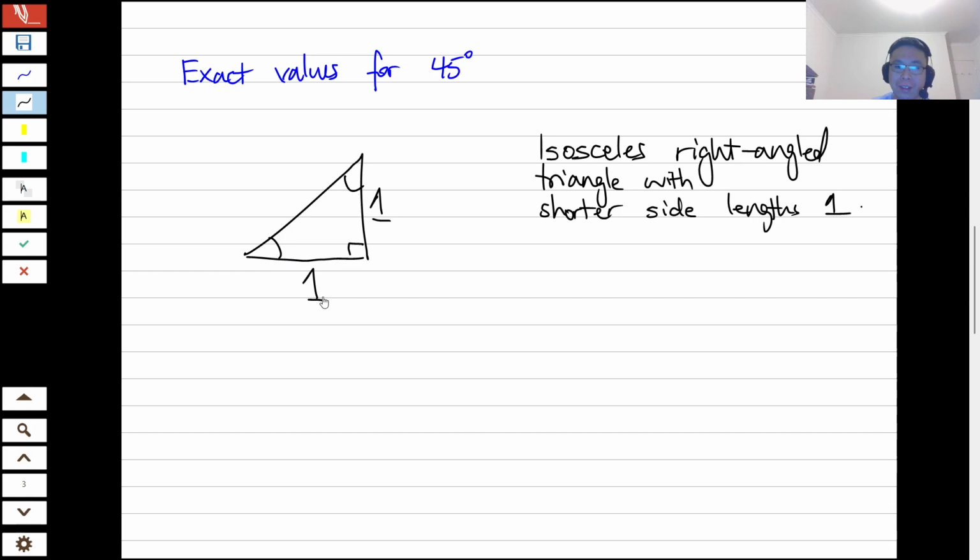Well, because this is an isosceles triangle, that is, these two sides are the same, we use these marks to indicate that they are the same length, 1 and 1. That means these two angles are the same. The angles in the triangle add up to 180, and I've already got 90 at the right angle. So these two angles have to add up to 90. And since they're the same, these angles are both 45 degrees.